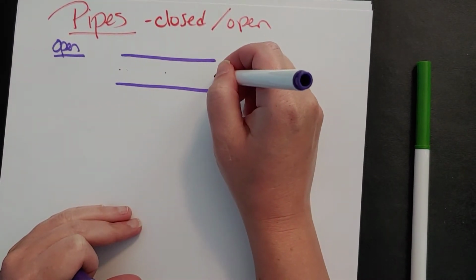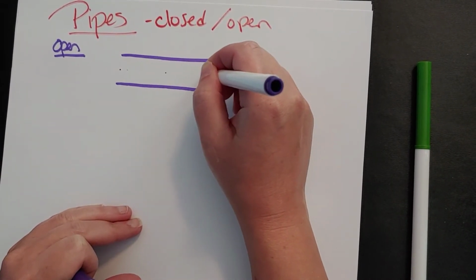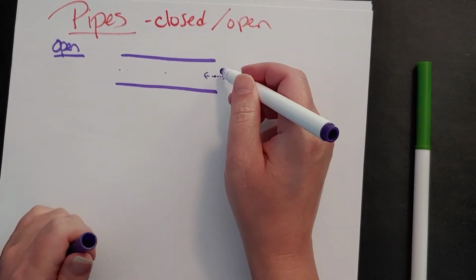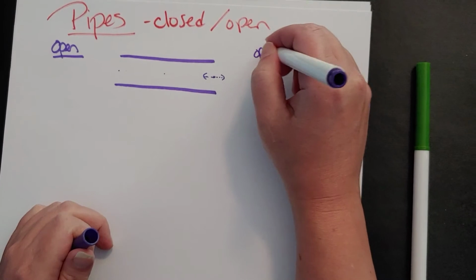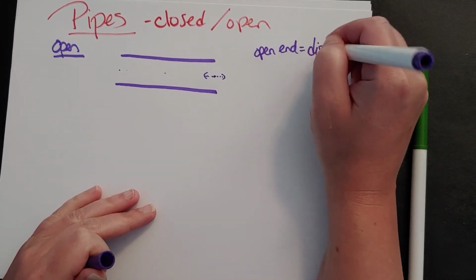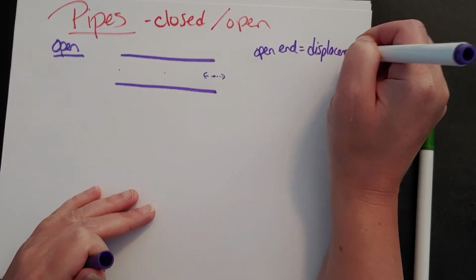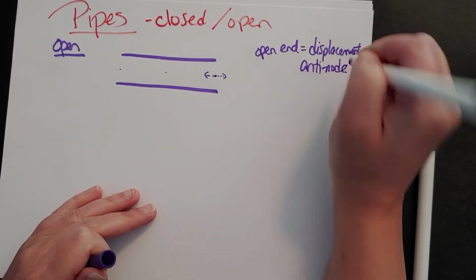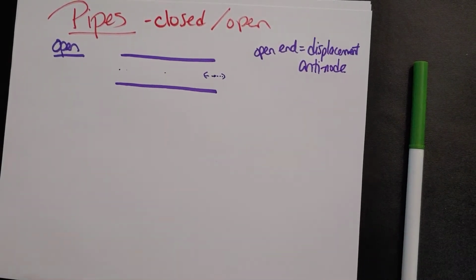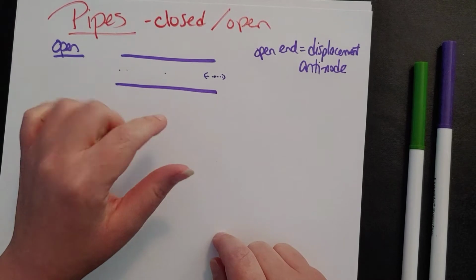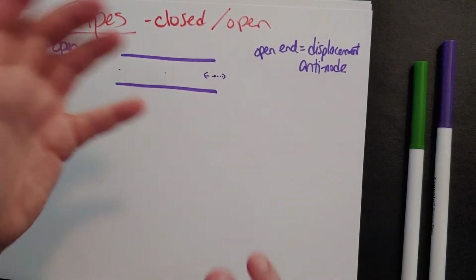You can imagine that these guys can move a lot, right out here. And so it turns out that an open end is a displacement antinode. I say displacement antinode because you often talk about displacement waves and pressure waves, and they're absolute opposites.